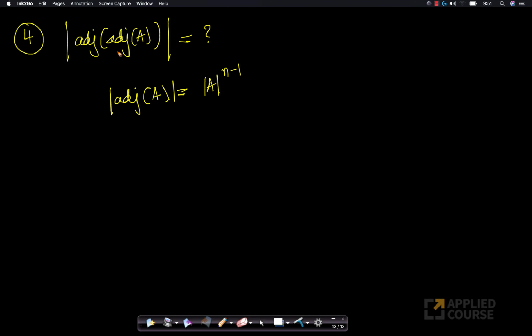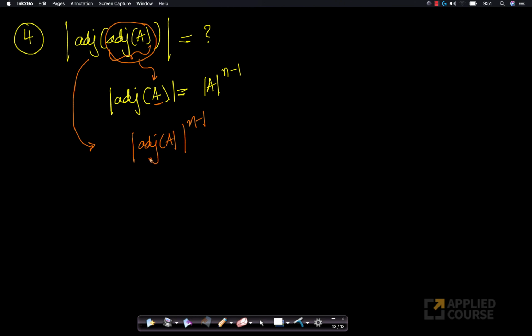So now if you think of this adjoint of A as one matrix, because it is a matrix, right? Using this formula, I can write this as det of adjoint of A power n minus 1. Look at this. Instead of A, I'm using adjoint of A. That's it.